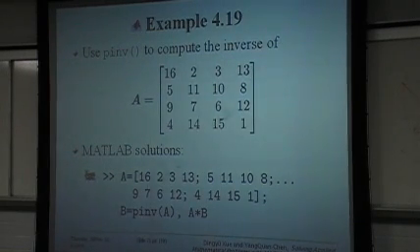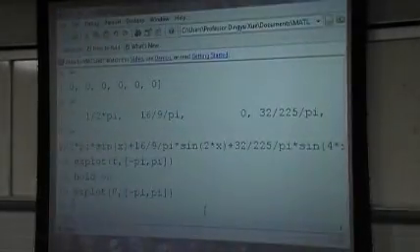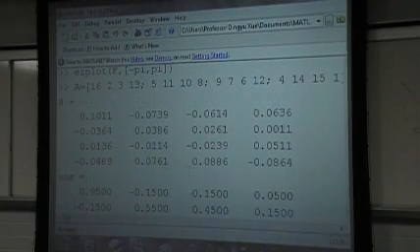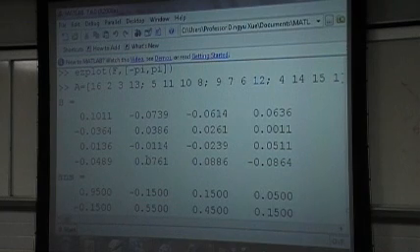So we can input matrix A first and then take the pseudo-inverse to get matrix B, and then we can multiply AB together and see what happens. So this is the pseudo-inverse of matrix A.